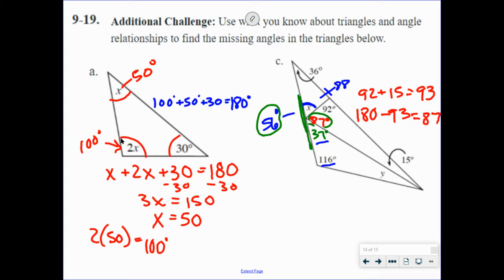We know this whole triangle has to be 180 degrees, right? So we have 37 degrees plus 116 degrees, and that equals 153. But hang on, this y is not 150 degrees, right?